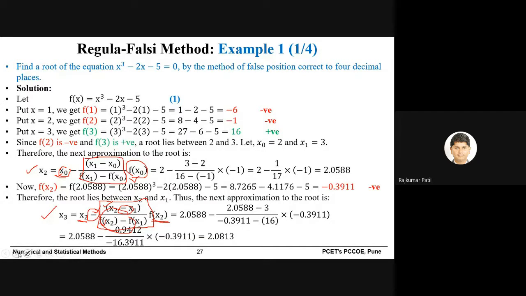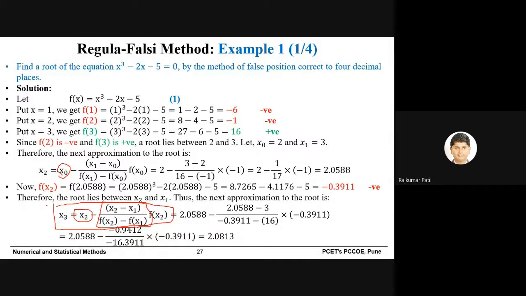So the advantage of this particular method is that whether you take the latest approximation or the previous approximation, there is no end effect on the result. But yes, the way we write the formula is very important, because here you cannot make any kind of mistake.